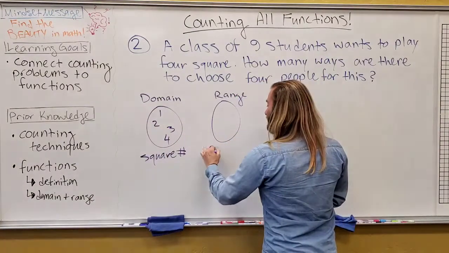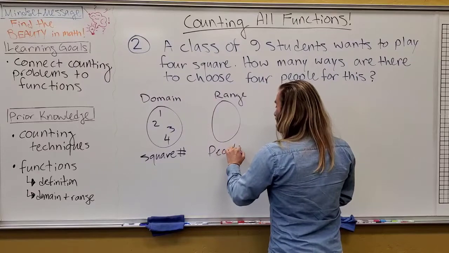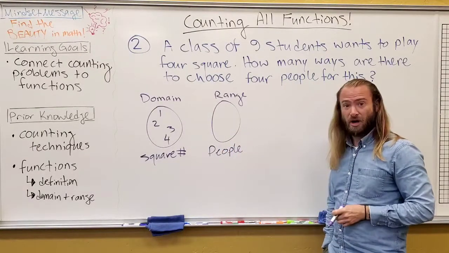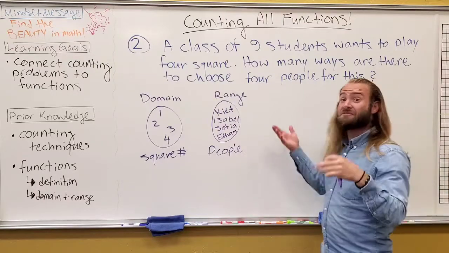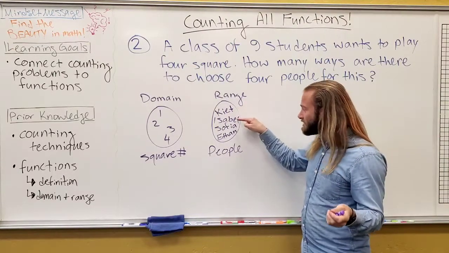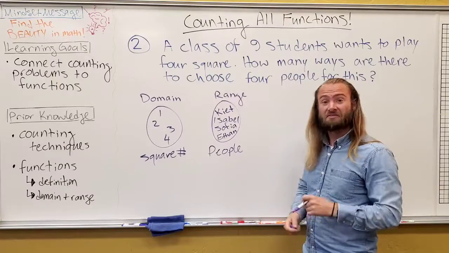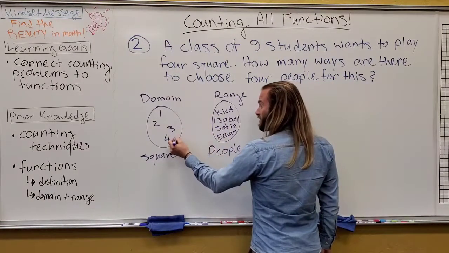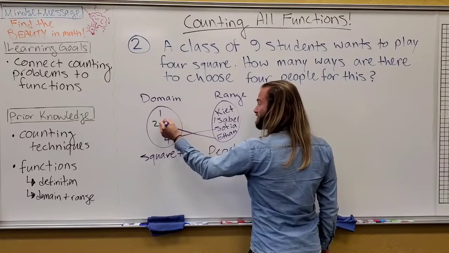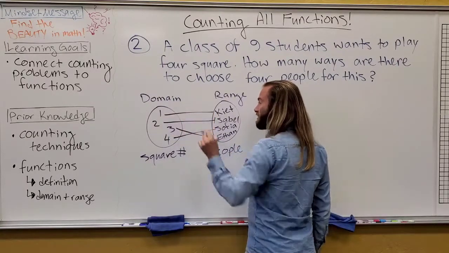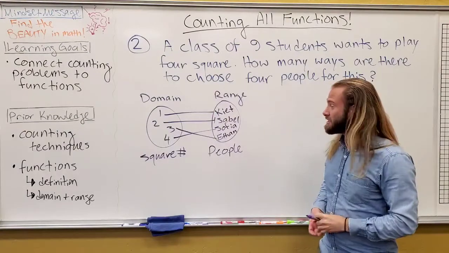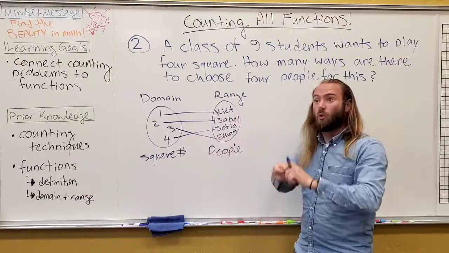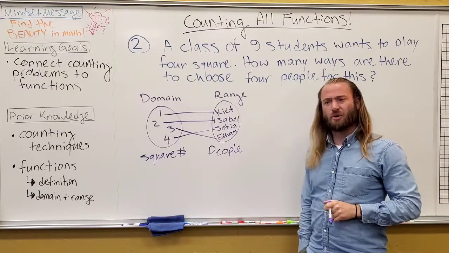And the range would happen to be the person or the people that get matched to the square number. Let's say 4 of the people's names are Kiet, Isabel, Sophia, and Ethan out of this class of 9. So one way to assign it would be, this person's in 4, this person's in 3, that person's in number 2, and that person's in number 1. This is one function which represents one possible outcome of the situation.